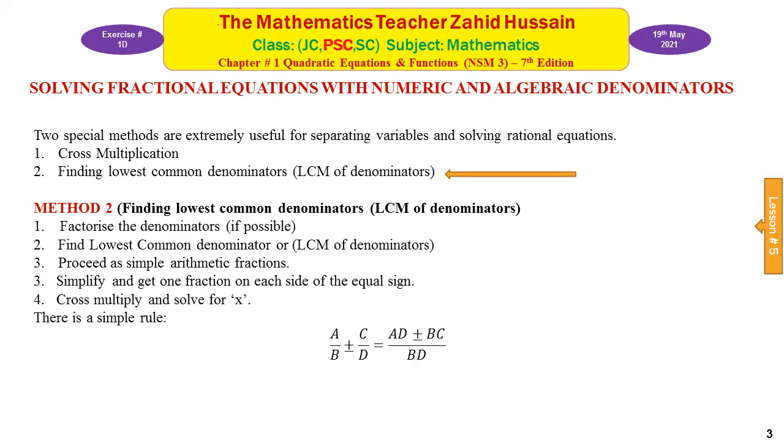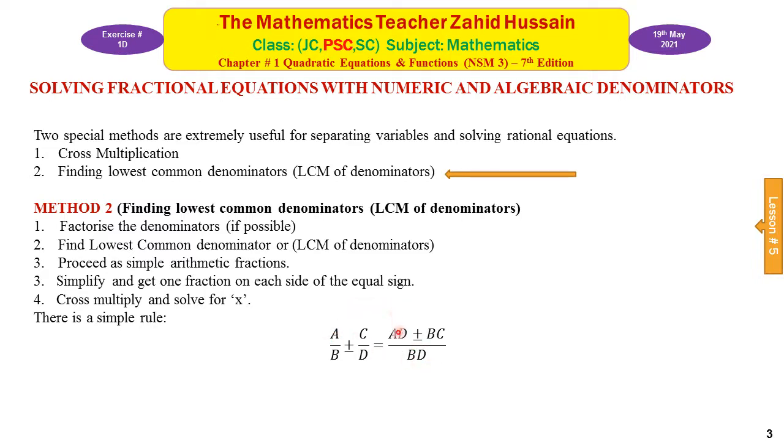So there is a simple rule. If there is a sum or a difference of two fractions, we will take the LCM of the denominators. If the non-common factors are there, then the product of non-common factors is the LCM. Dividing the LCM by the denominator of the first fraction, we will get an expression, and that expression will be multiplied by the numerator.